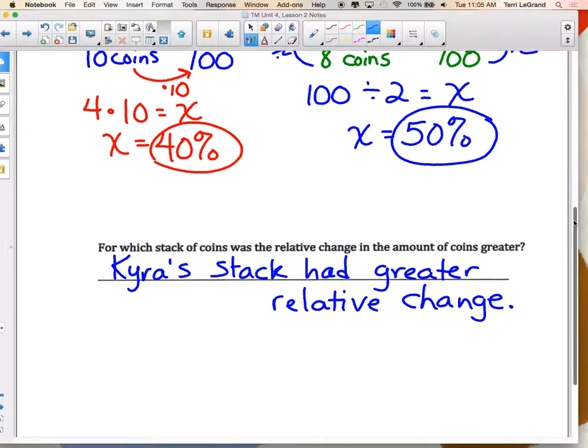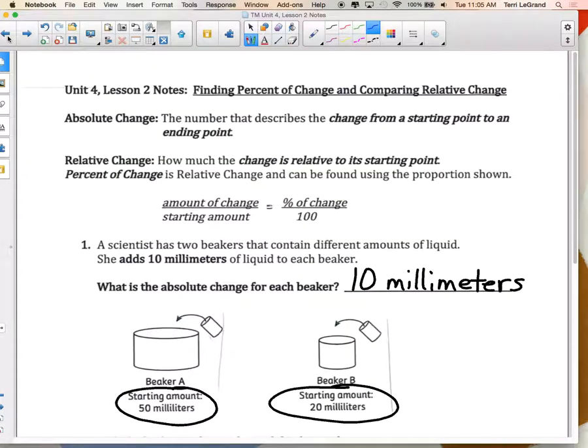Got everything? Okay, let's go on the front and find where it says relative change is really percent of change. Right here. Circle that, star that, highlight it in your highlighter. So make sure that you understand that when they're asking you to find relative change, you're finding percent of change. When you're finding percent of change and they want to know what the relative change is, it's the same thing. Okay?